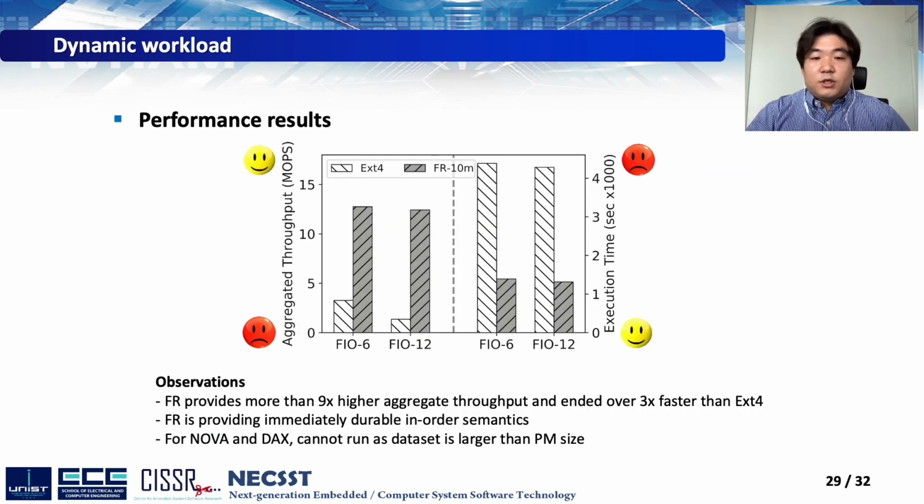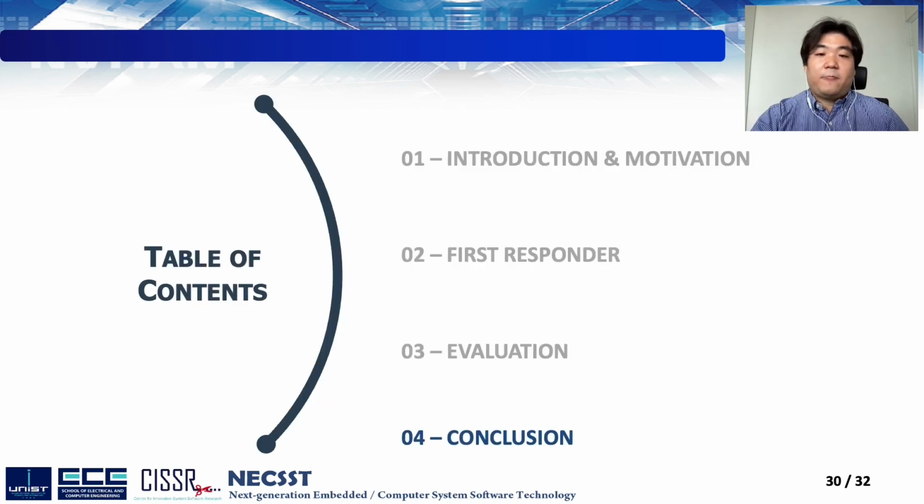This is the result. The results show that FR provides more than 9 times higher aggregate throughput and ended over 3 times faster than ext4, despite the fact that FR is providing immediately durable in-order semantics. NOVA and DAX do not work in environments where the workload size is larger than the PM storage size.